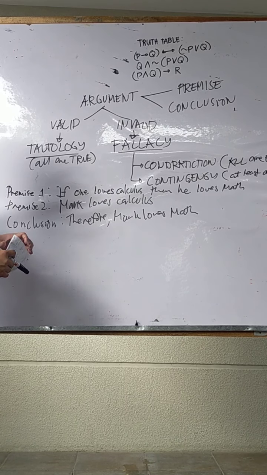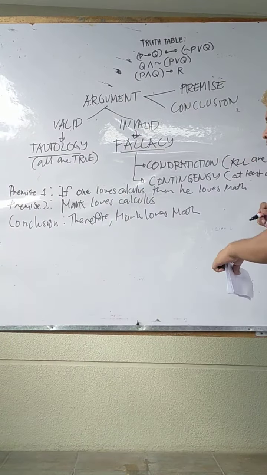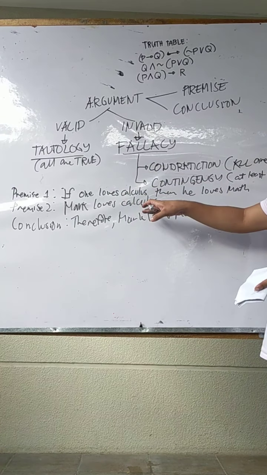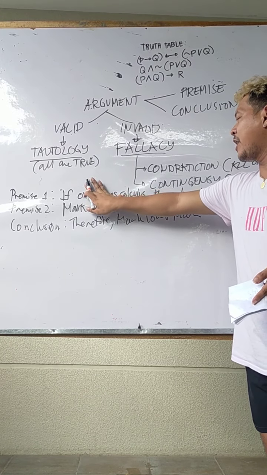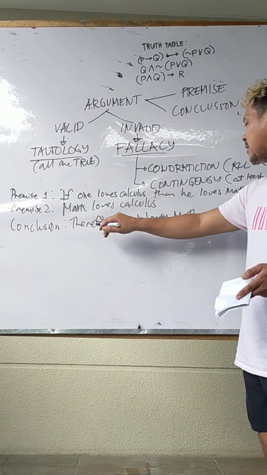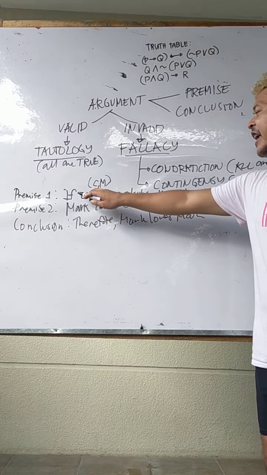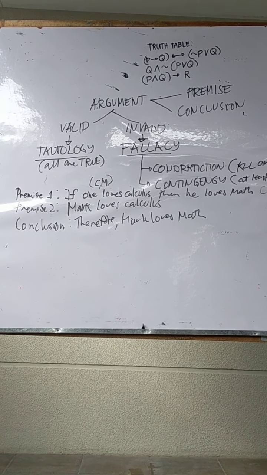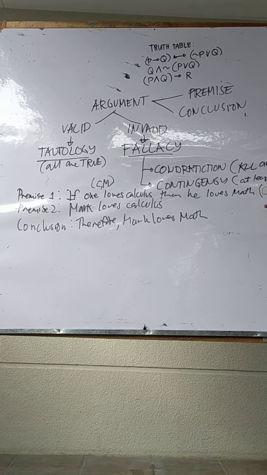So let us write this statement into symbolic form. Let us say that one loves calculus is C, and one loves math is M. Therefore, if one loves calculus, then he loves math: if C, then M. This will be the symbol that we are going to use.